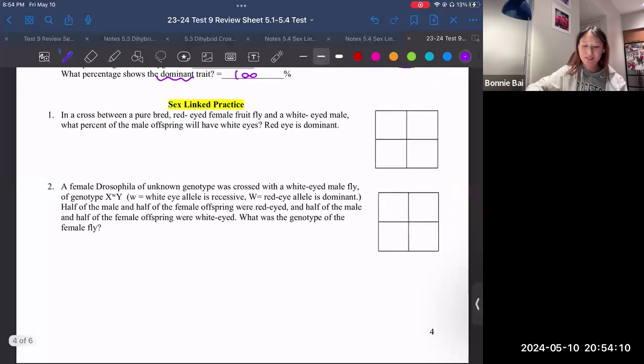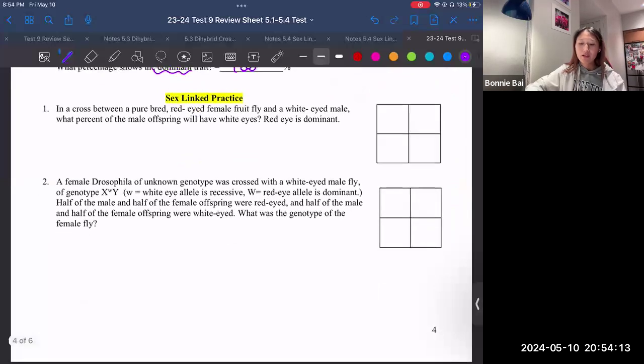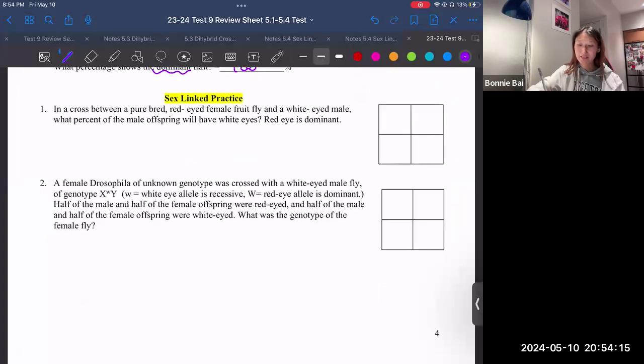Okay, sex-linked practice. Sex-linked means instead of our regular big A, little a, we don't have that anymore. What we have is the divide between male versus female. So here's the deal.